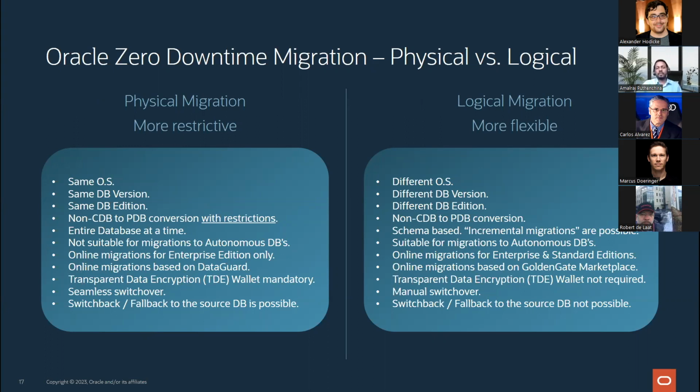So all the activity executed against the target database, the new database, is going to be replicated to the source database, the original database. So you can do a fallback, but ZDM does not do this. You should do it by hand, but it is possible to do a switch back just in case.